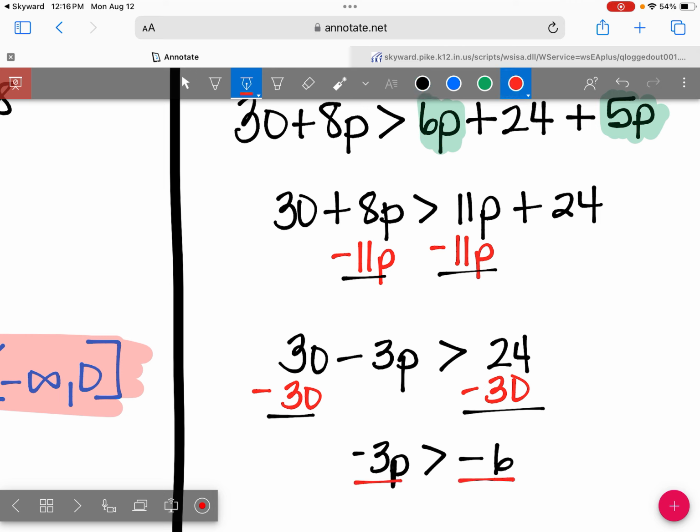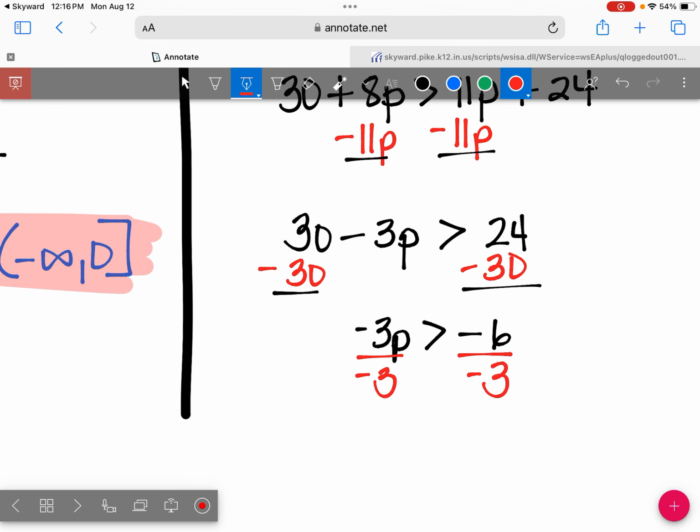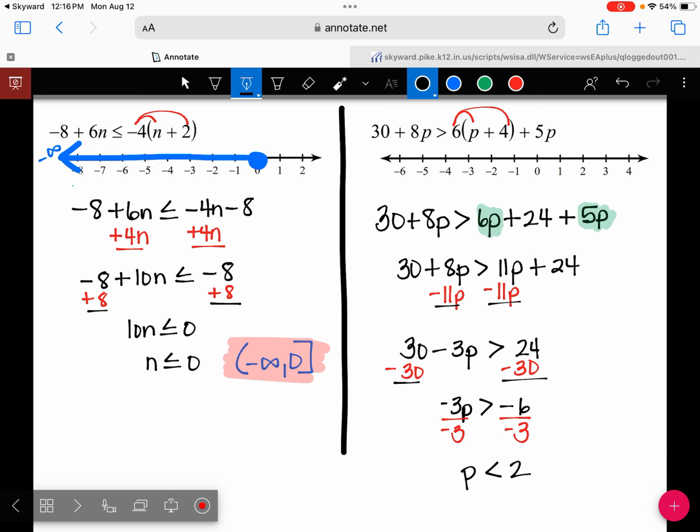And your last step, because I have to divide by a negative, my last step would be to flip the sign. So p becomes less than, and what's negative 6 divided by negative 3? Positive 2. So I'm gonna go back and graph it. So that means on the number 2, I'm gonna put an open or a closed circle.